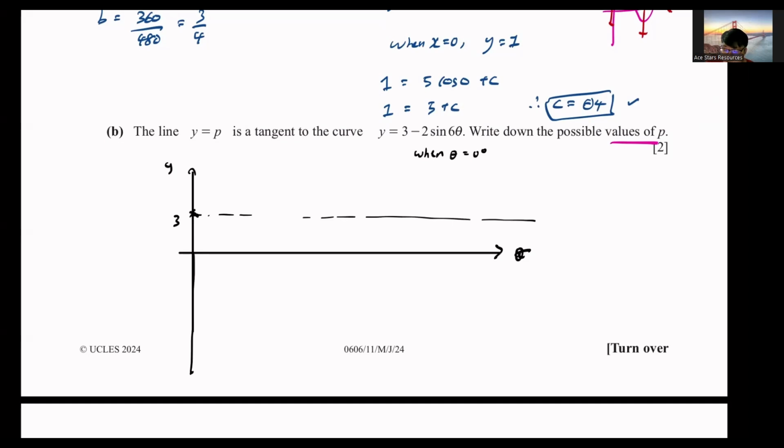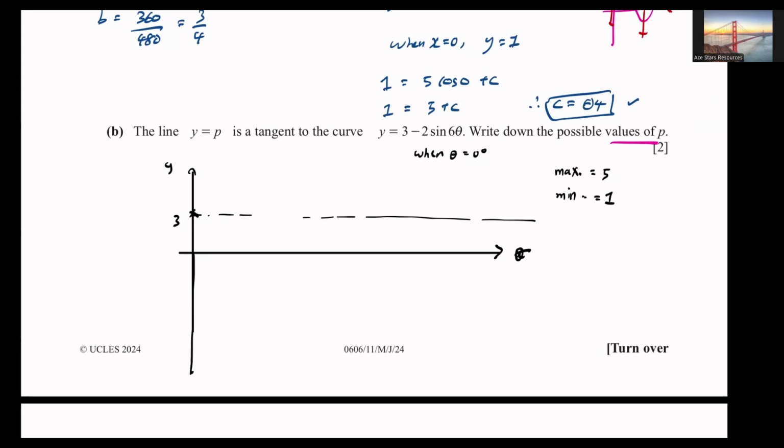I want to see the maximum point that it can go. When the sine is negative, it will be maximum, which is 5. The minimum will be 3 minus 2, that will be 1, right? So the highest point you can go is 5, the minimum you can go is 1.